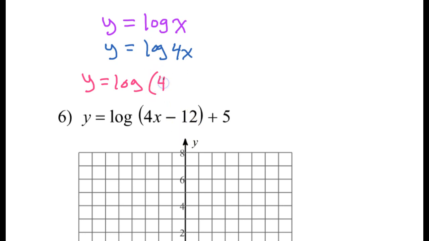You need to pull that 4 outside of parentheses. So this is really going to be x minus, and then 12 divided by 4, so x minus 3. Okay, and then the plus 5. So don't forget to rewrite the equation like this before you do your horizontal and vertical transformations.